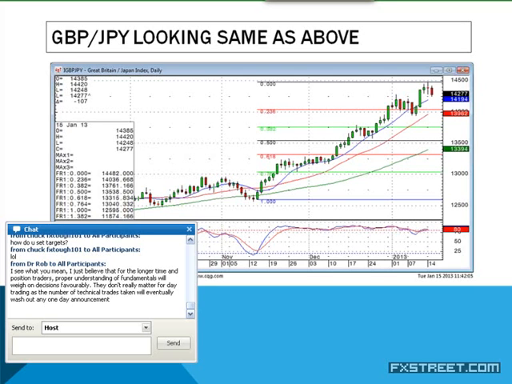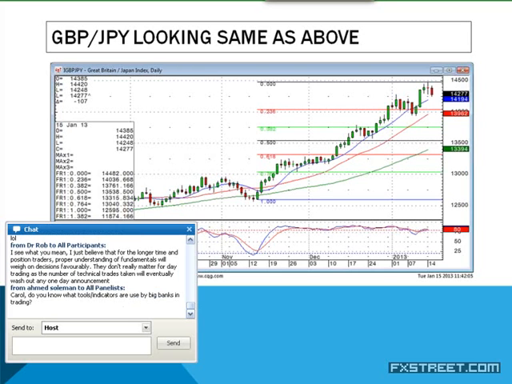It's not that I'm not aware of them. I just find it easier, and think that you will find it easier, trading from a technical bias rather than a fundamental bias, because there's so many fundamentals out there.